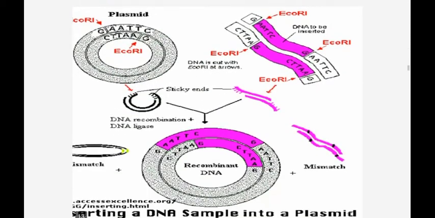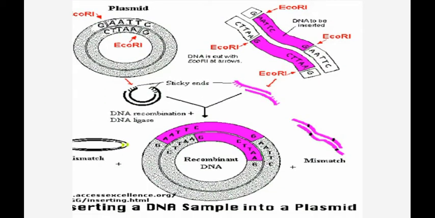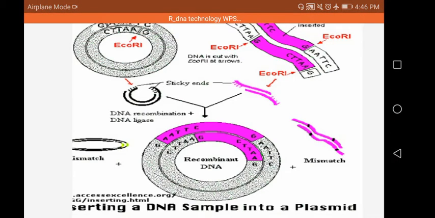See here in this diagram, you can see very clearly the structure of the plasmid, which is present in bacteria, E. coli. Then the restriction enzymes cut its specific sequence. So this pink color DNA fragment is the required DNA.